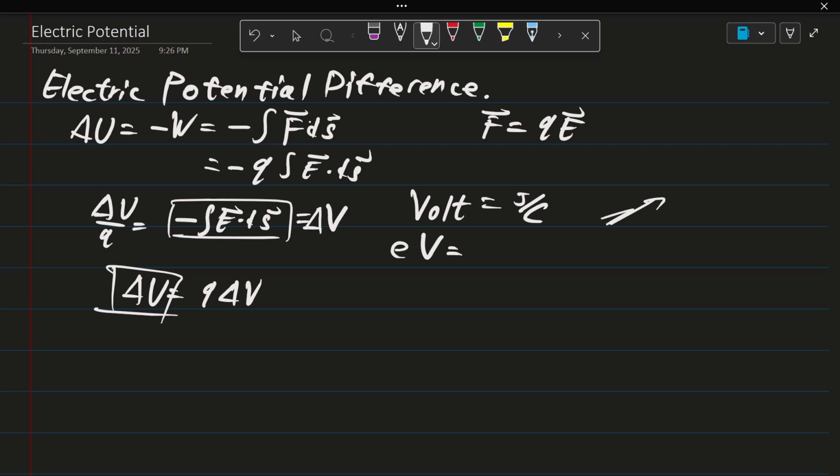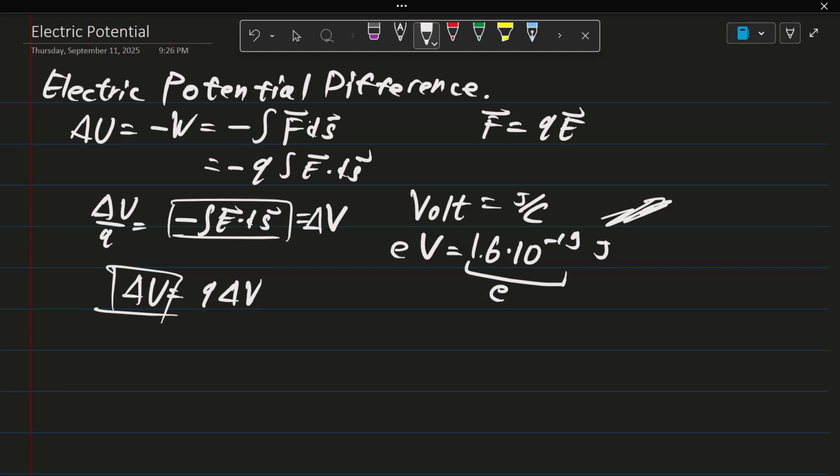So that's the definition of the electronvolt, and the number itself is 1.6 times 10 to the power of negative 19 joules. So this is the conversion factor for you to use when you are swapping between the electronvolt as well as the joules. And anyways, this value here is pretty much just the electric charge itself.